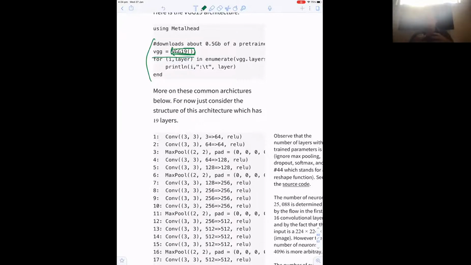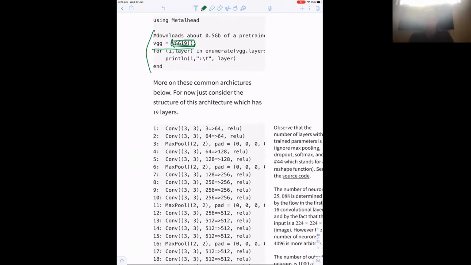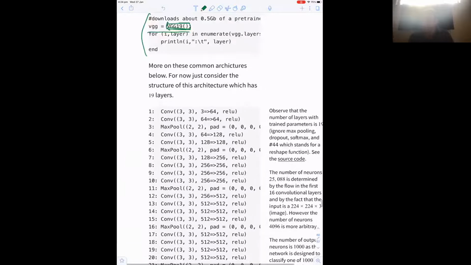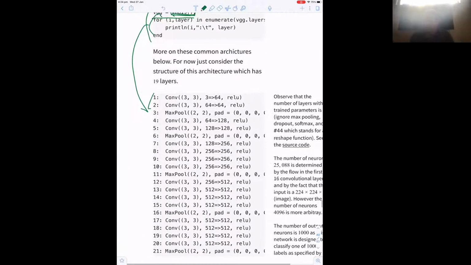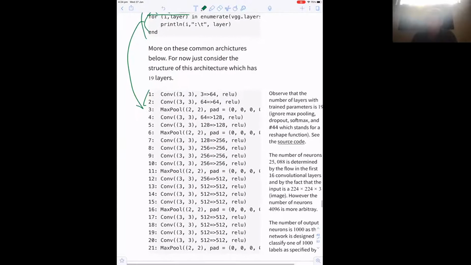You take the dense layers at the end and retrain those on your specific data, but the pre-trained convolutional layers are already in quite good shape. And this little loop prints the network architecture for us.